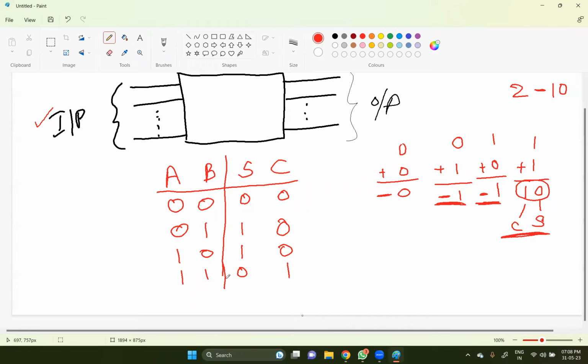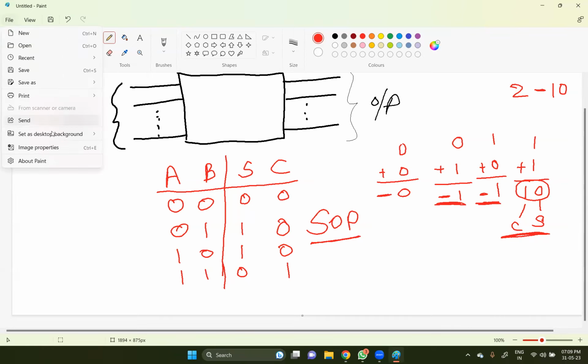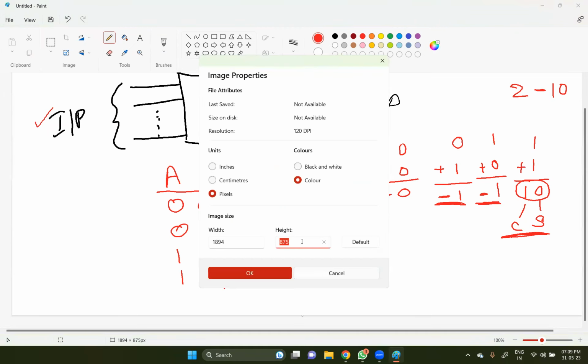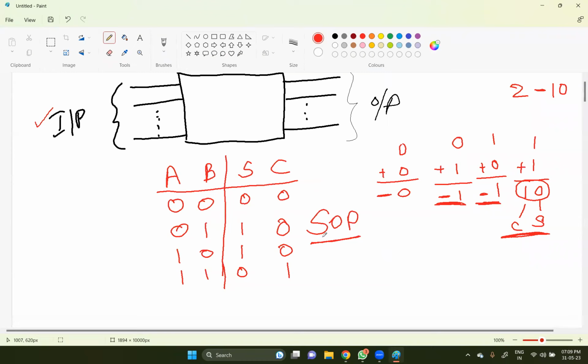Here you please understand what exactly this outcome table is. This outcome table depends upon the sum of products, SOP only. It is actually the canonical form of the sum of products form. Let me increase the size of the pen, because we'd like to draw many diagrams here.